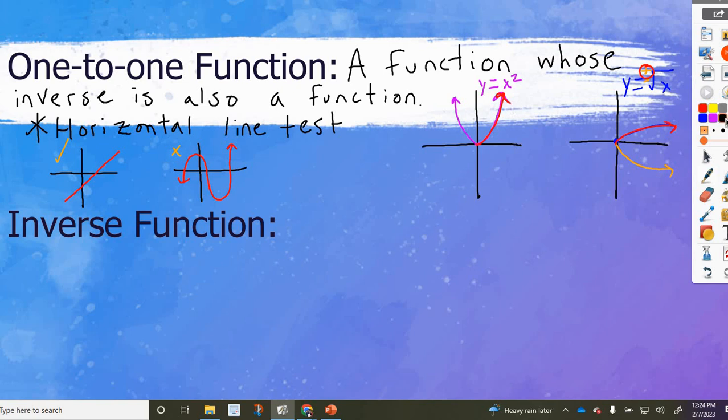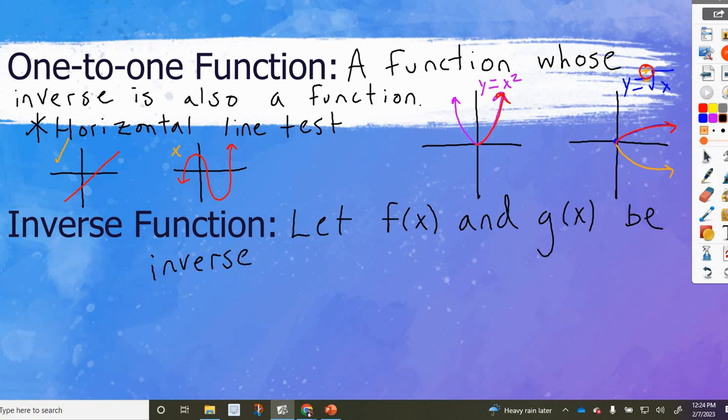So, also remember that our inverses, like we said, undo each other, which we can also write as f of g of x.